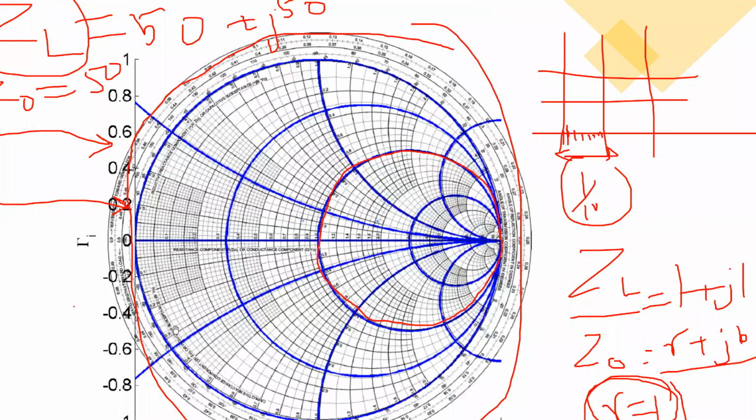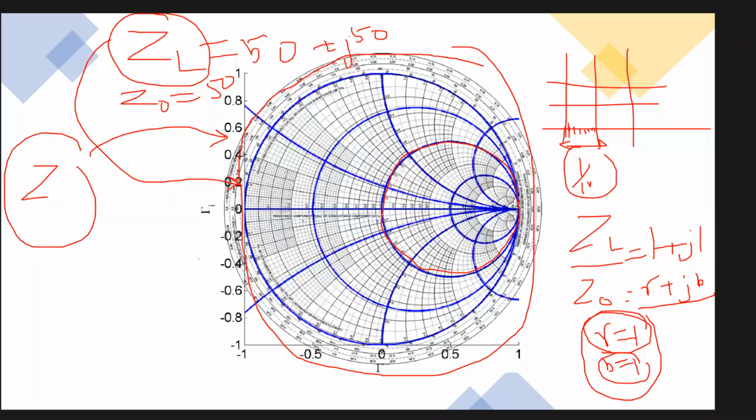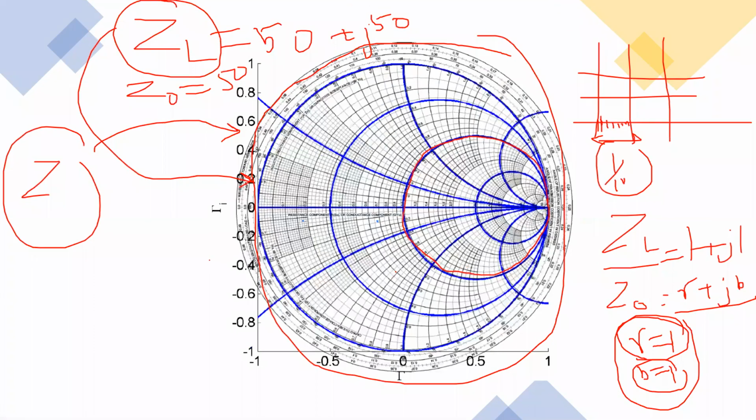This indicates that the reactance is plus and the value is 1. What does plus indicate? It indicates that it is an inductive component.